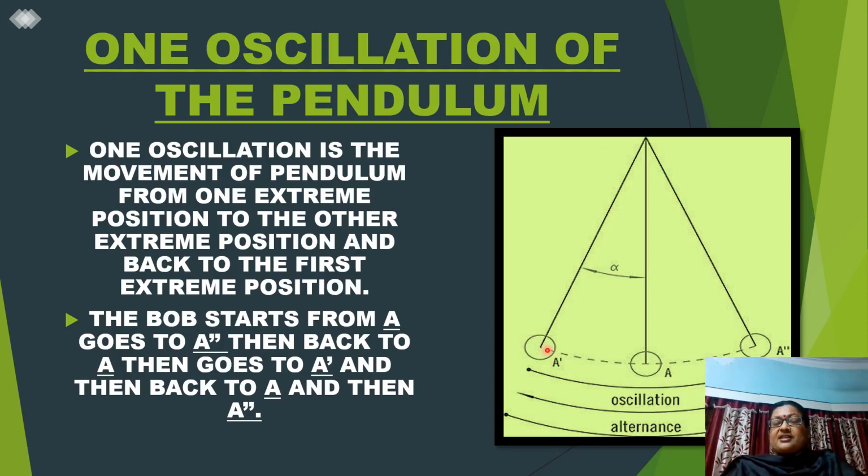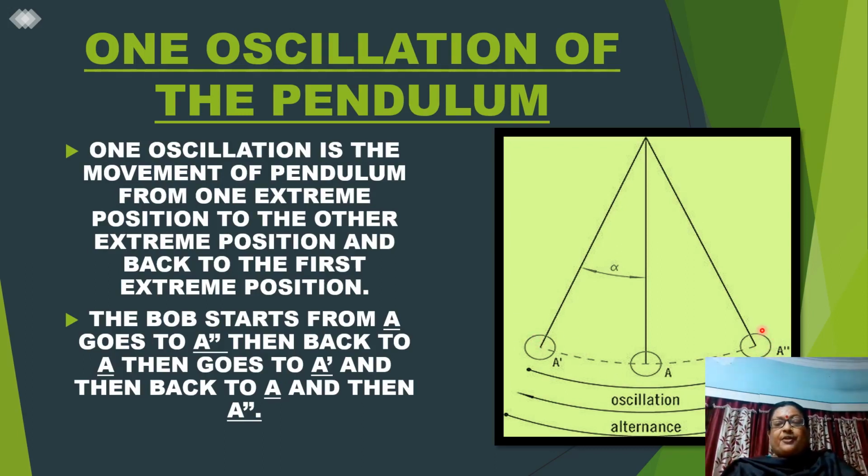It starts from the first extreme, goes to the second extreme, comes back to the first extreme. When this motion happens, it is said to be one oscillation completed. I will repeat. From one extreme, it goes to the second extreme, and then again back to the first extreme. When this motion happens, it is known as one oscillation of the pendulum.